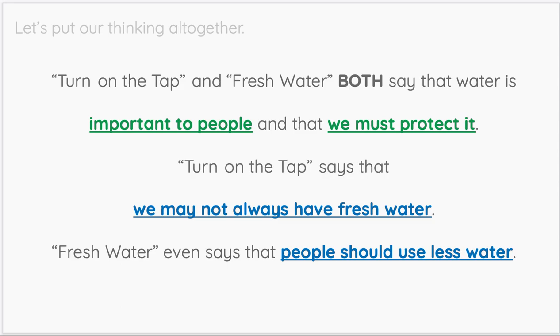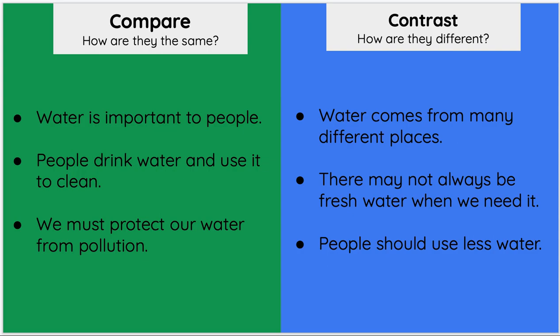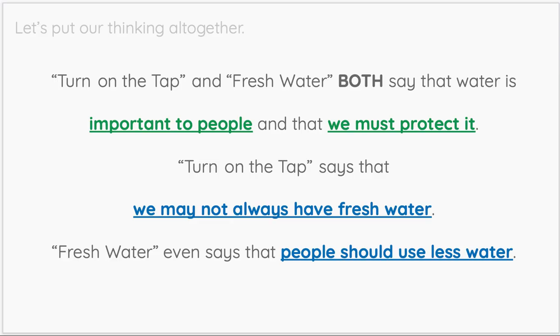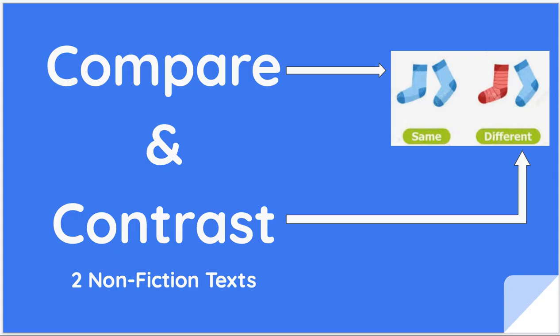Boys and girls, do you see how I compared and I contrasted our two texts? Well, boys and girls, in comparing and contrasting our two texts, I am able to see how two nonfiction texts on the same topic actually can be the same and different.